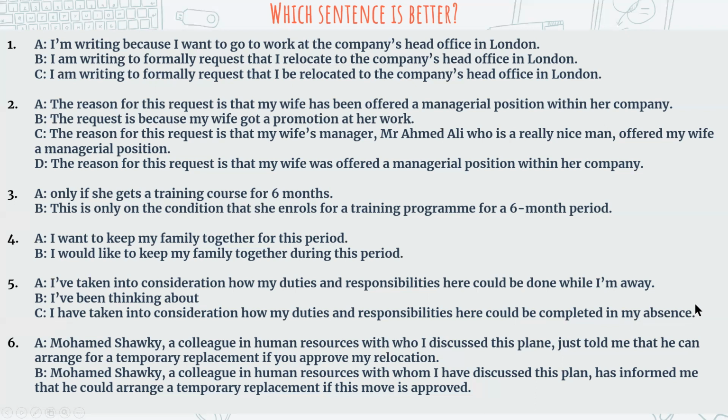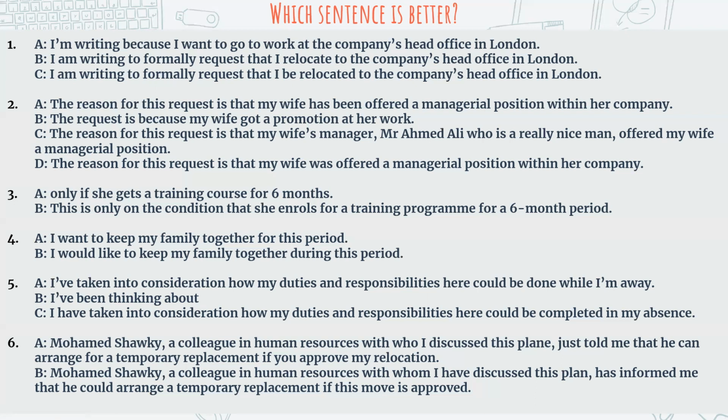Of course, the first one uses contractions: I've taken, not I have taken, and while I'm away, not while I am away. You should and you must avoid contractions while you are writing a formal letter. So any contractions should be avoided. The third one is very formal and it's appropriate for the letter.